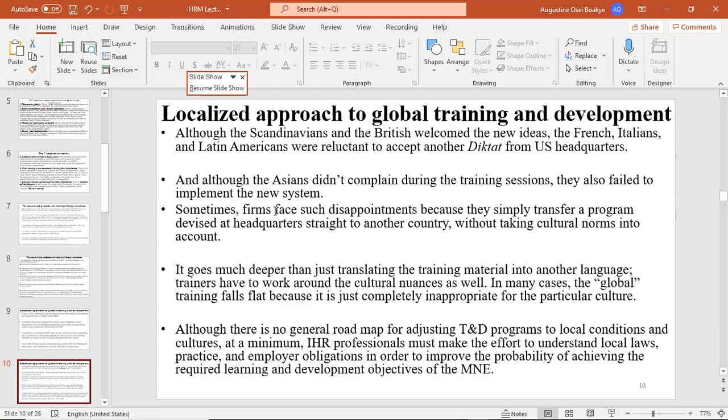Trainers have to work around the cultural nuances as well. And by cultural nuances, we mean the way, for instance, classroom settings are maintained in Ghana is totally different from that of America or the European context.